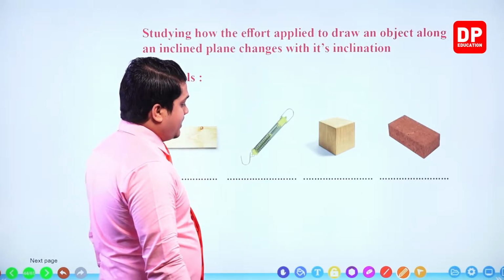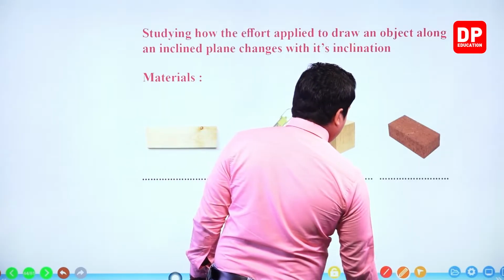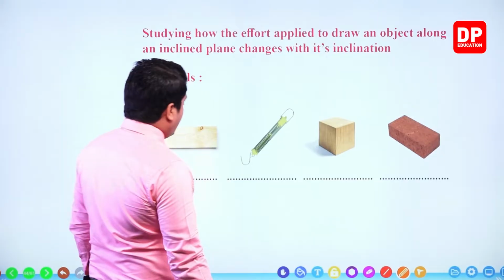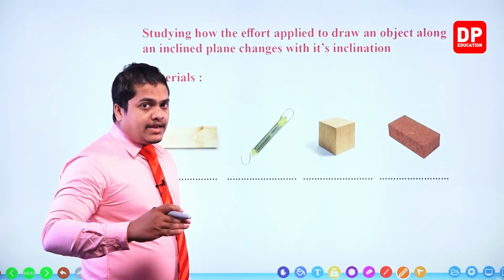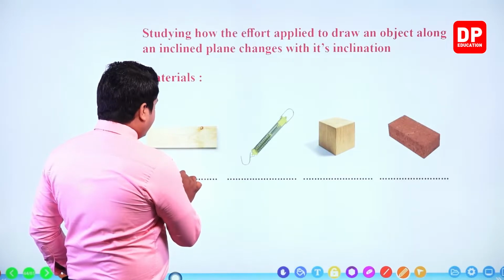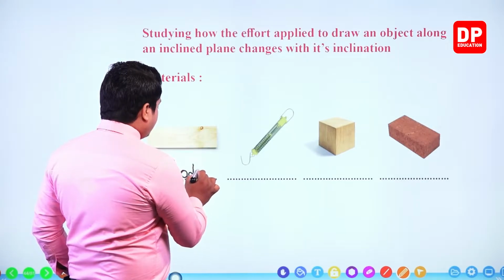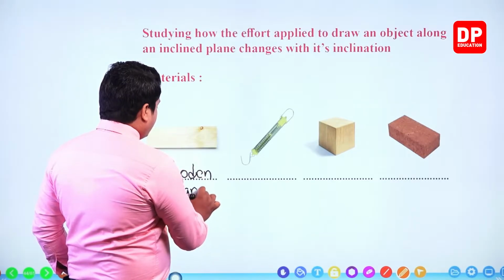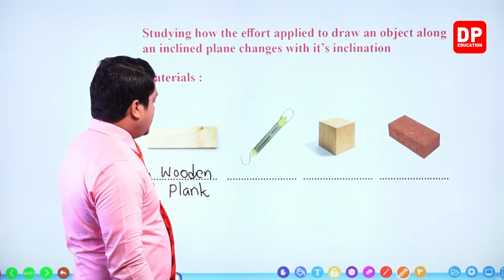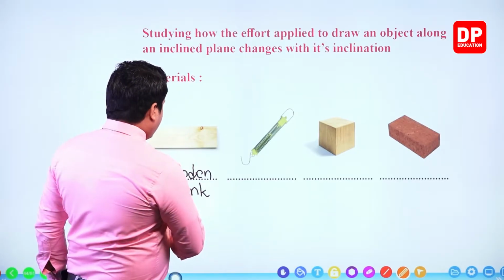To do this activity, my dear children, we'll need these materials. What are the materials? First of all, to get an inclined plane, you will need a wooden plank, or else a wooden sheet.